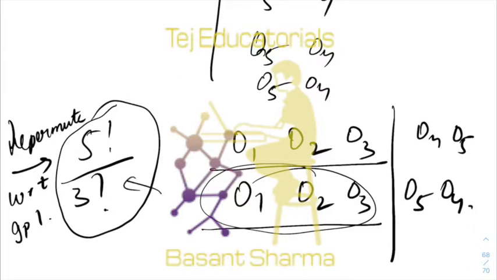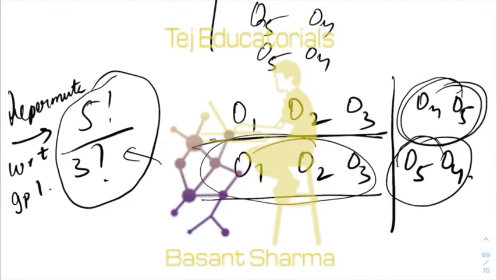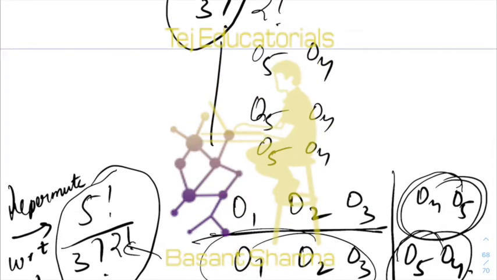Now keeping this fixed, this can vary in 2 factorial ways, right? Corresponding to every arrangement, now you have 2 ways of representing O4 and O5, right? So we have to depermute further. Alright, I hope this makes sense.